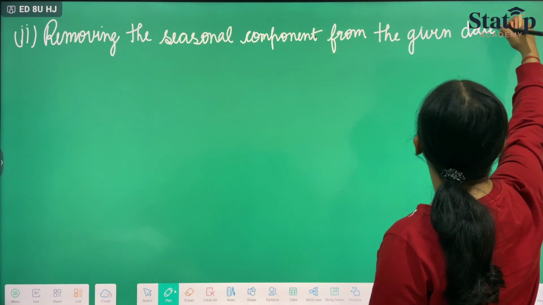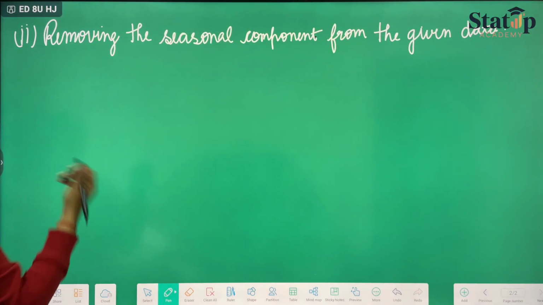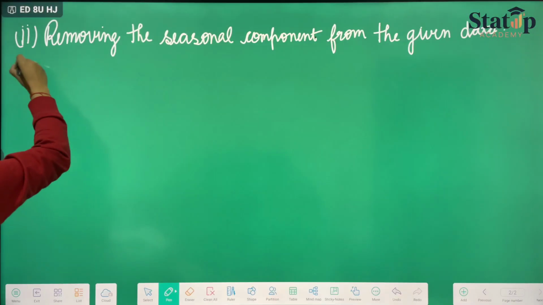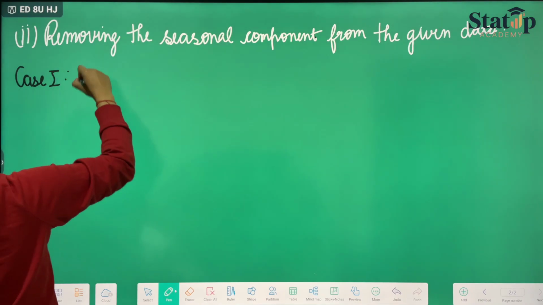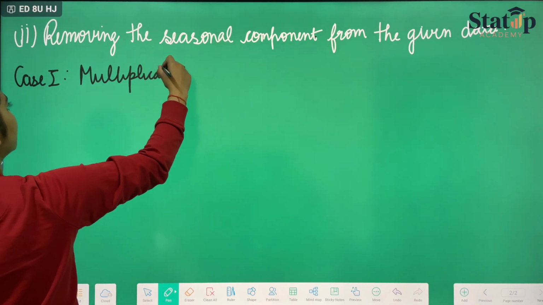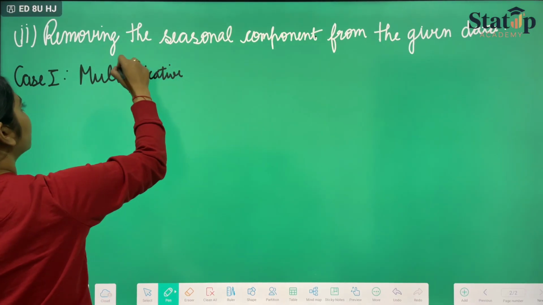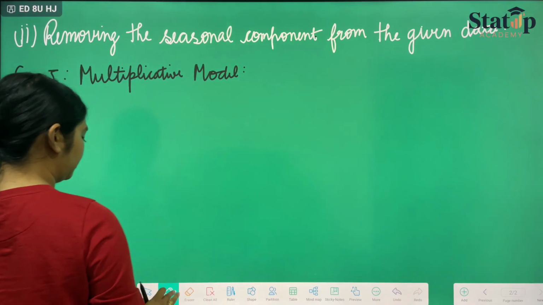Now this can also be done by two methods. Case 1: if there is a multiplicative model. What is meant by multiplicative model?